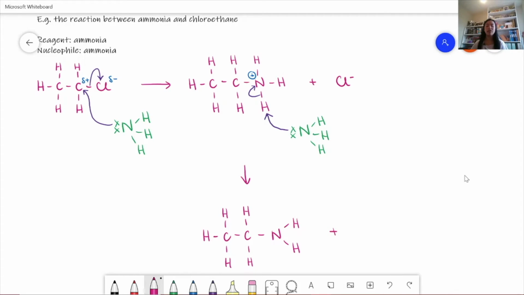That's become an NH4+. This NH4+ then reacts with Cl- to form NH4Cl. So this has come from the NH4+ reacting with the Cl-.